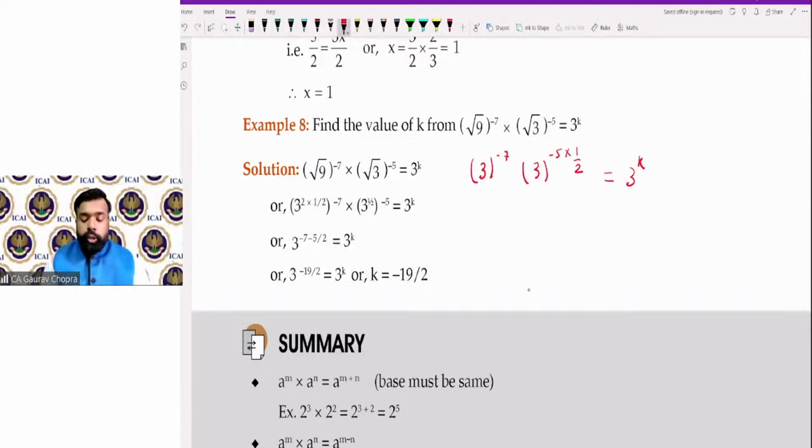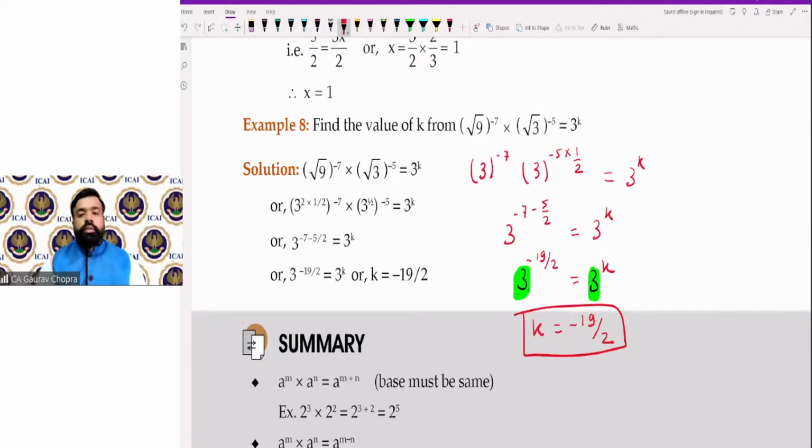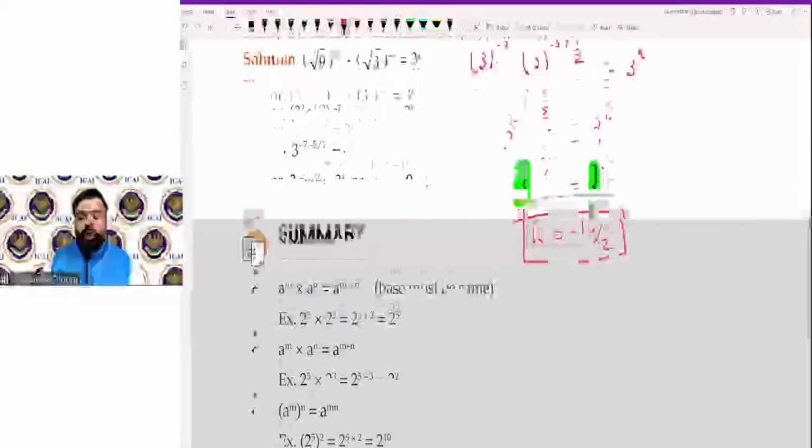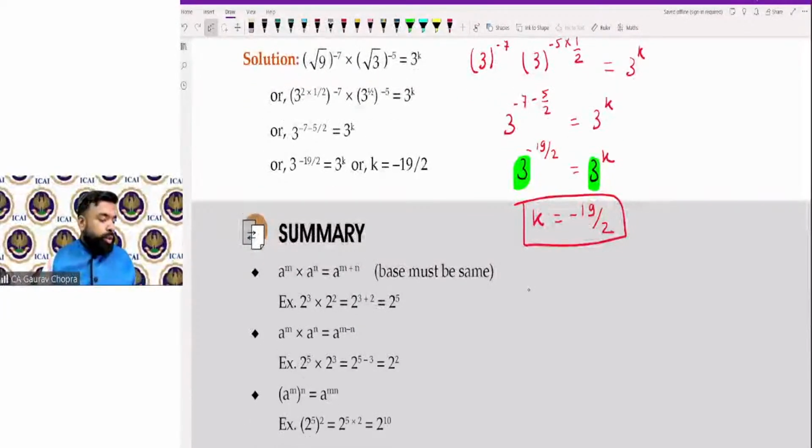So taking the powers together, 3 to the power of minus 7 and minus 5 by 2 equal to 3 to the power of k. So what is left? 3 to the power of minus 19 by 2 and 3 to the power of k. Base is the same, so power will be equal. Therefore, the value of k is minus 19 by 2. k is equal to minus 19 upon 2.